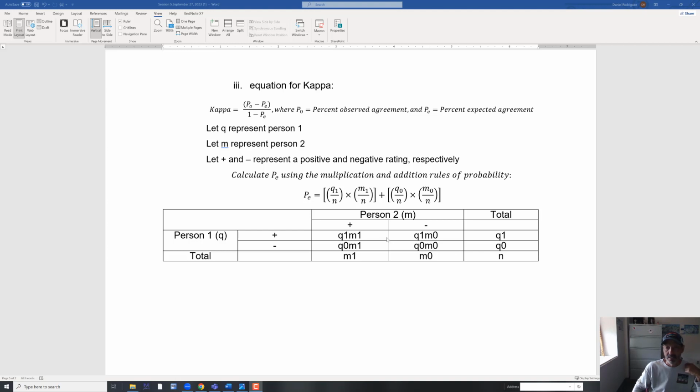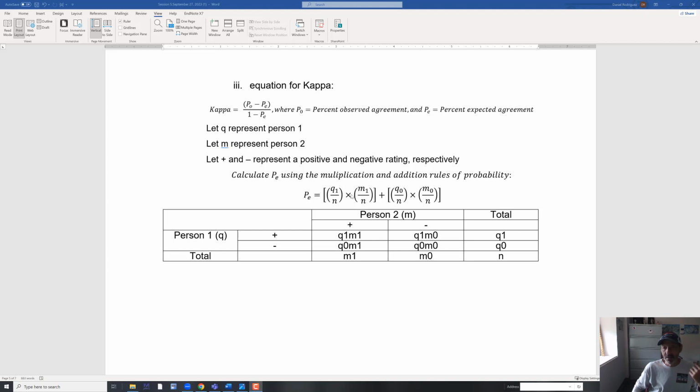So these are two situations. For both of them to rate the individual as positive, that's a product of the probability of each. So what's the probability that person 1 rates the individual as positive? That's whatever the cell value is, called Q1. So this is going to be the sum of whatever the values are in these two cells, right?